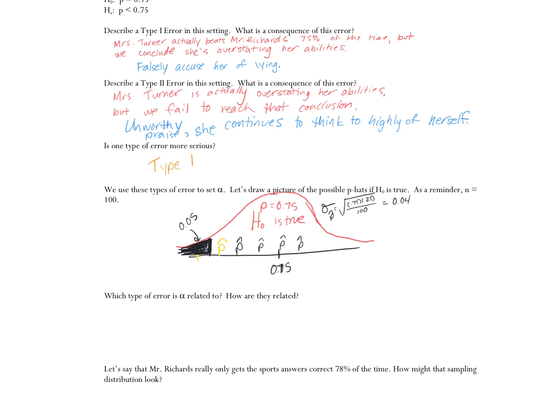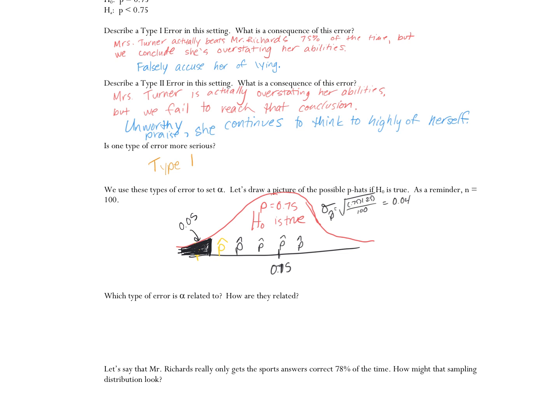What is the right decision on this graph where the null hypothesis is true? Should I reject or fail to reject if the null is true? Fail. If the null is true, we don't want to conclude that it's false, right?